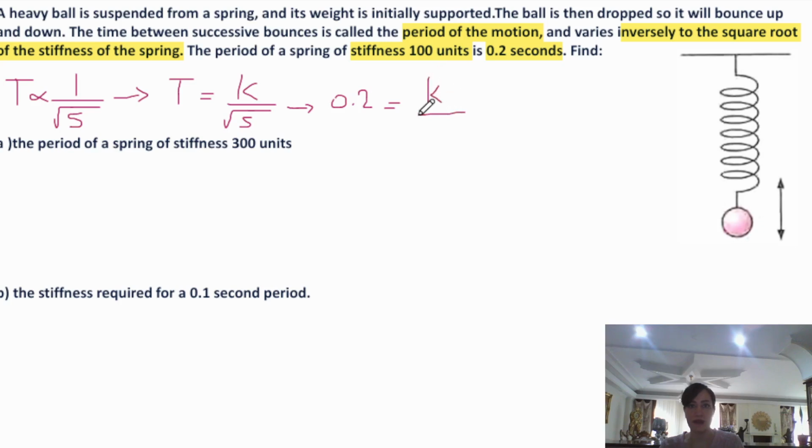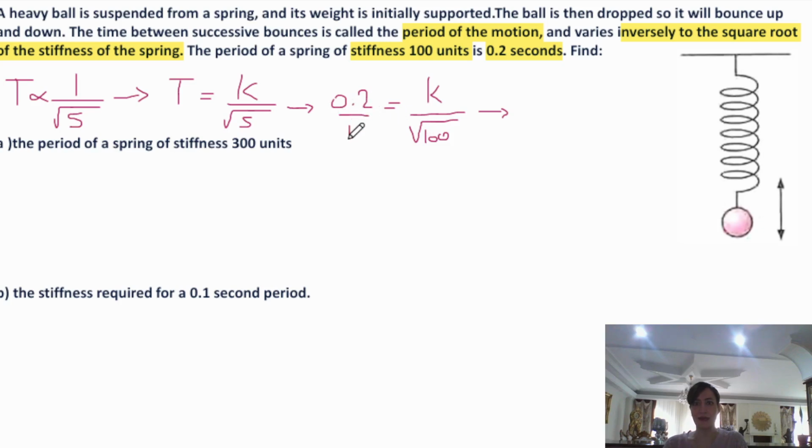I don't know the value of K, so right now I can find K. As I said, K is a constant, a fixed number. The square root of 100 gives me 10.